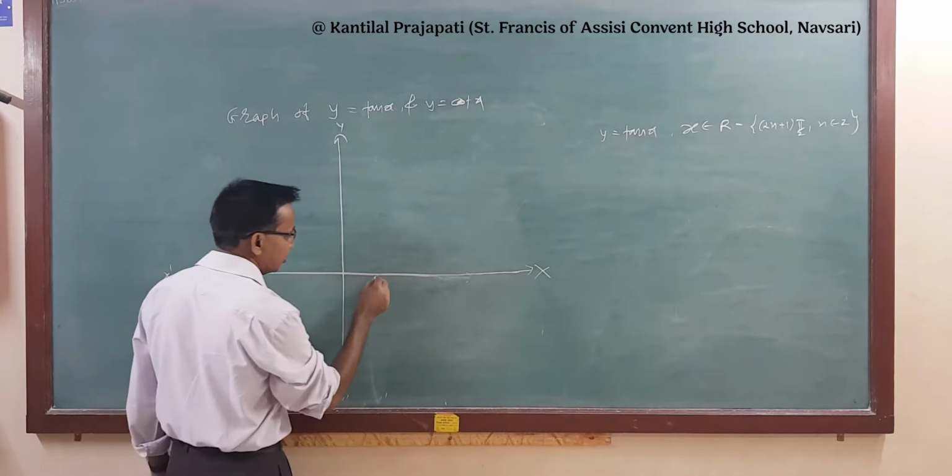Similarly, we put a dotted line passing through minus pi by 2, parallel to the y-axis. We draw a dotted line through 3 pi by 2 parallel to the y-axis. Similarly, everywhere wherever an odd multiple of pi by 2 is there.